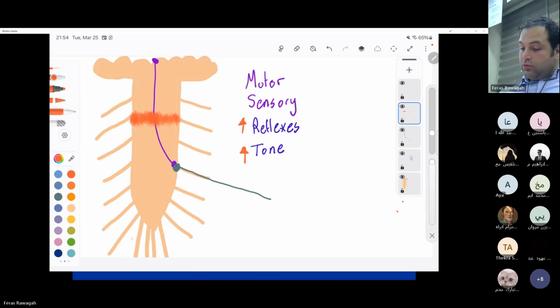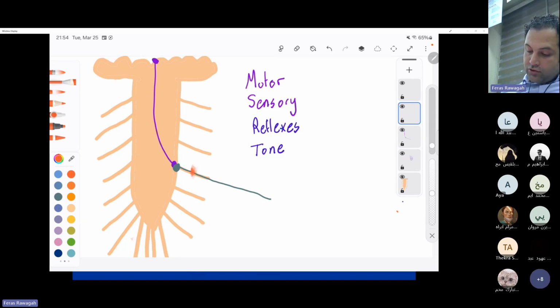Now, here comes the question. What if this is injured? It is the lower motor neuron. What will happen in this case?